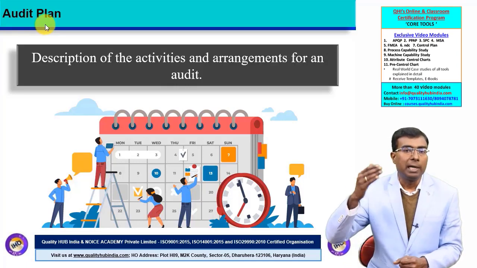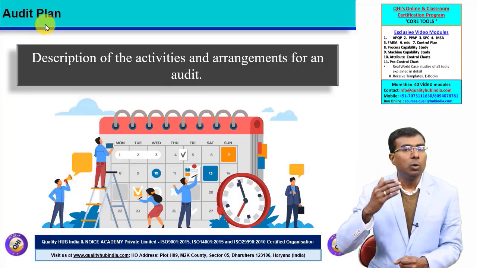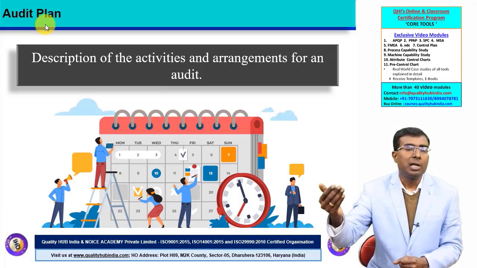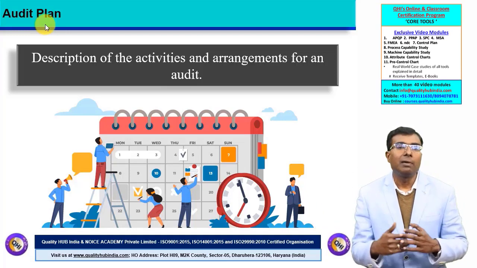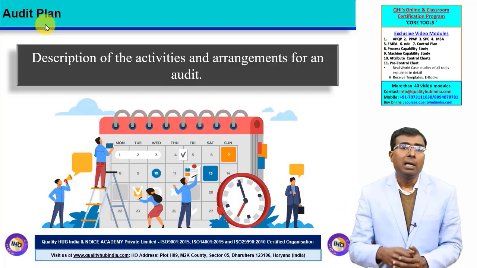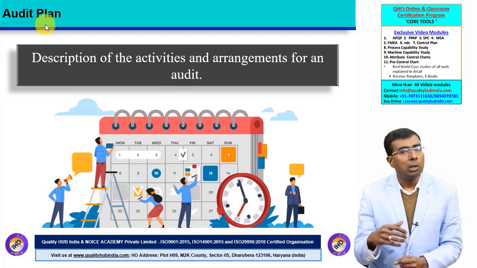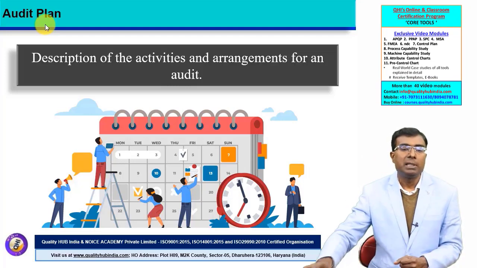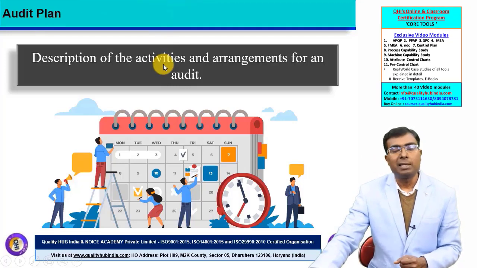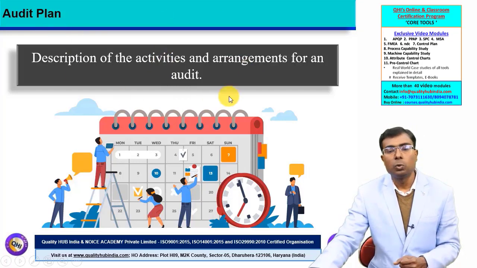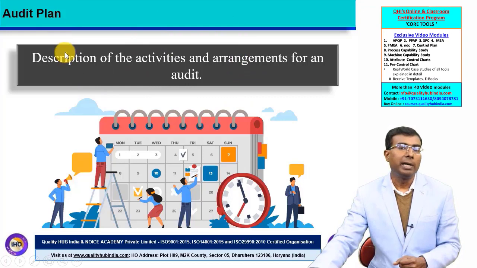So Ram is going to audit the maintenance department, Sam is going to audit the quality assurance department, Geeta is going to audit the HR department. In that way the plan would be devised, and then the date of the audit would be there in the plan. All those elements of arrangements are basically called the plan. So there would be activities and arrangements for an audit, and combined together, this is called audit plan.